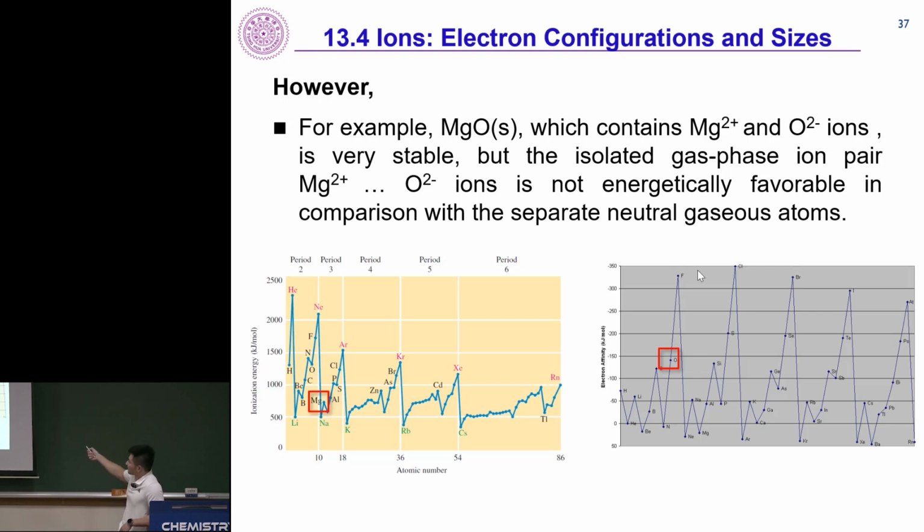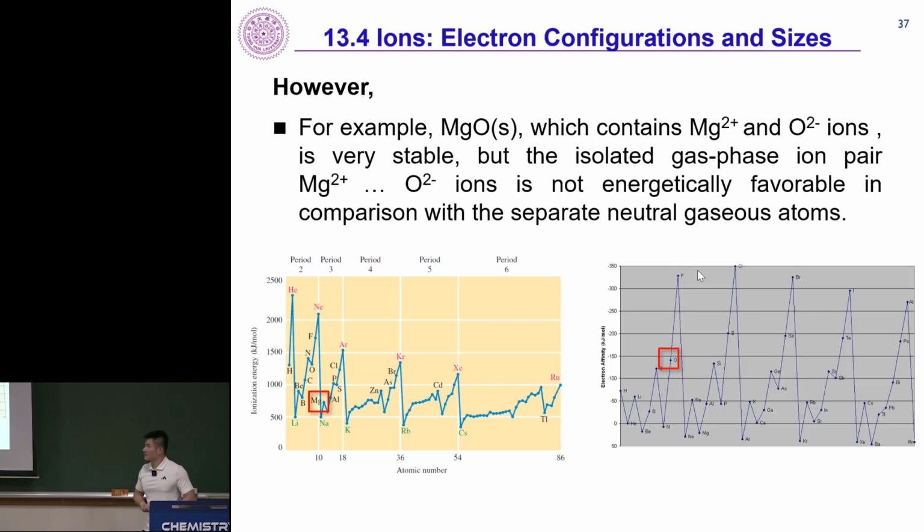It's not energetically favorable. Just by looking at numbers quickly, you can see for magnesium, the first ionization potential is about 750 kJ per mole. But for oxygen, the electron affinity for the first electron is only -150 kJ per mole. That means magnesium will not lose that electron to oxygen in gas phase. It doesn't provide enough energy to get that electron out.